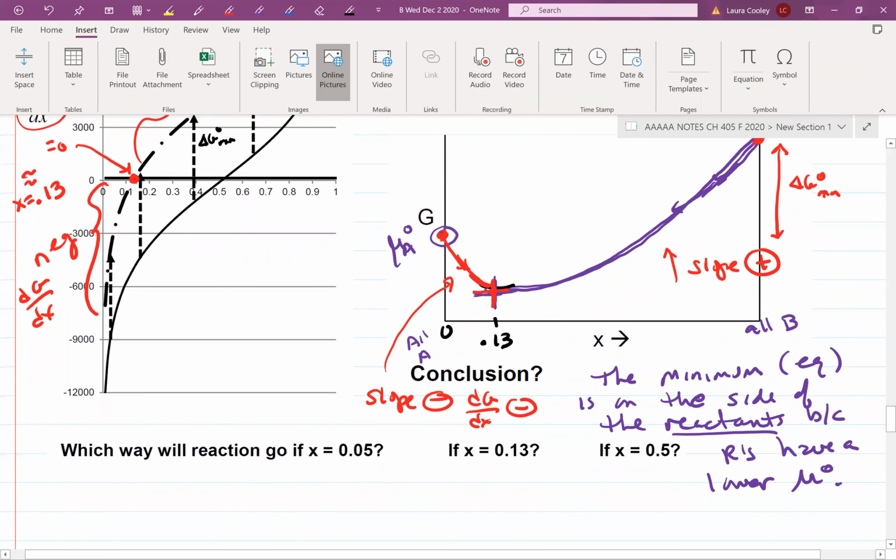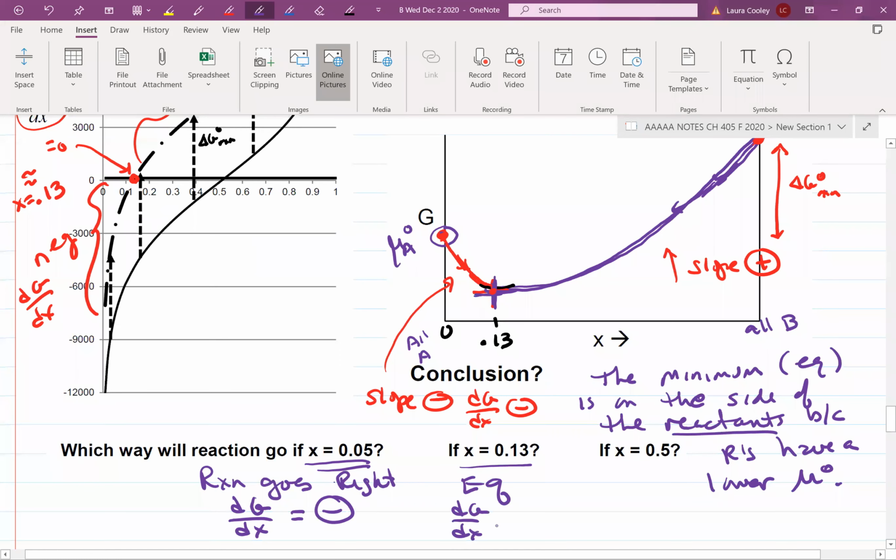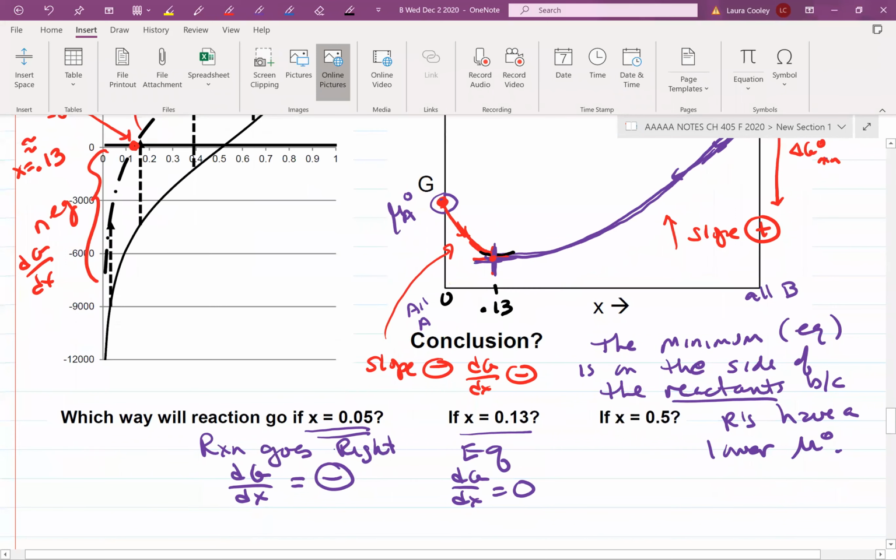Okay. So now if you're at 0.05 over here, the reaction goes to the right because that derivative is negative. Right here we have equilibrium. dG/dx is equal to 0. And here, at 0.5, like right here, dG/dx is positive.